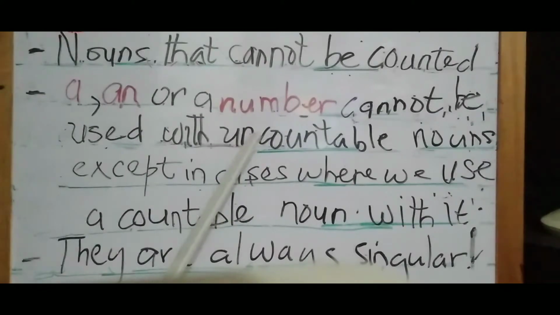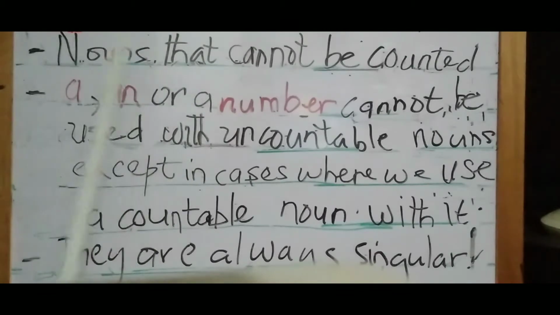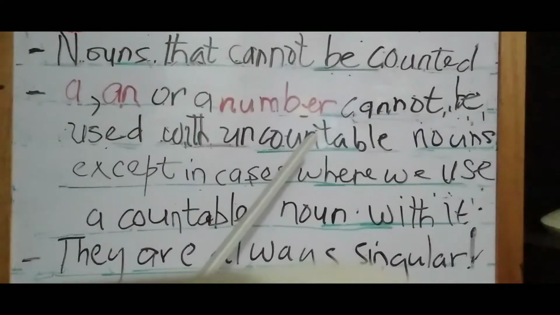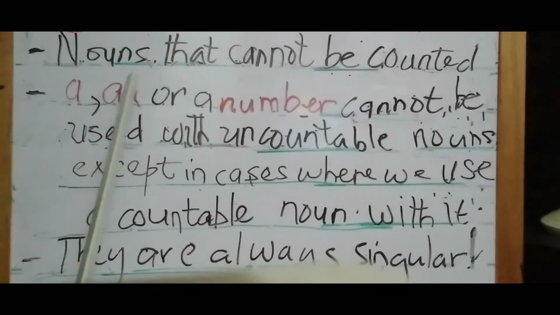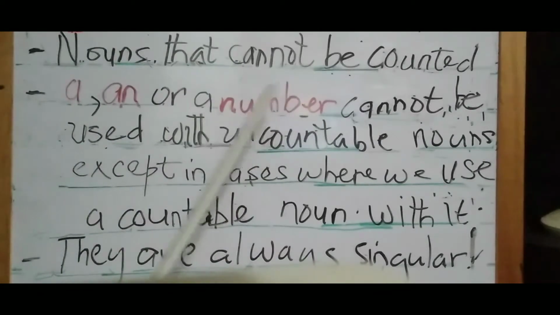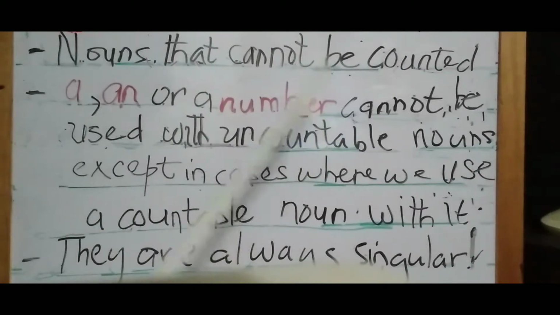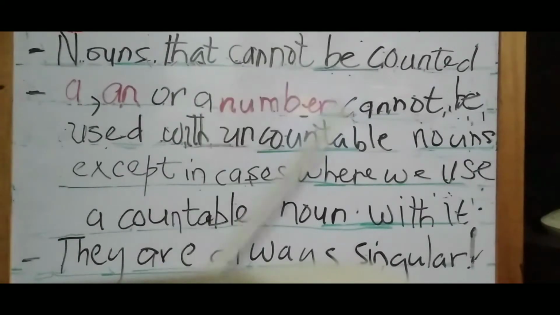That's what this is saying here. You can use a number or a or an only if you use a countable noun in the sentence. And in that case, the a or the an or the number would be referring to the countable noun, but not the uncountable noun. It might sound a little confusing, but when I get to that and give you an example, you'll understand.